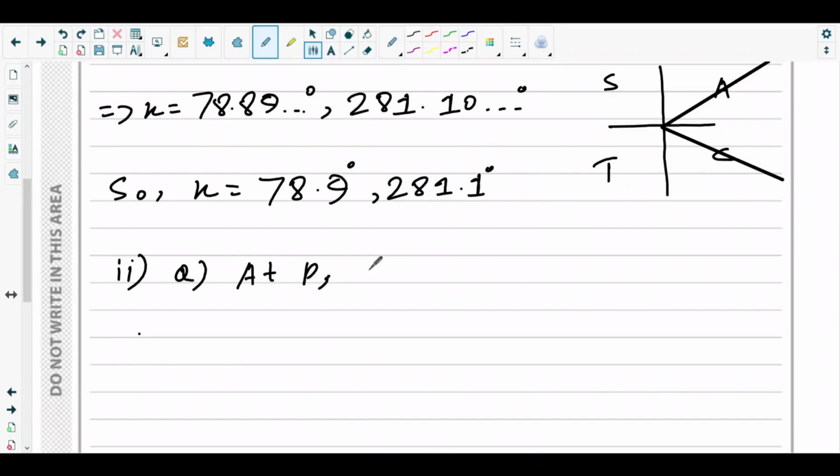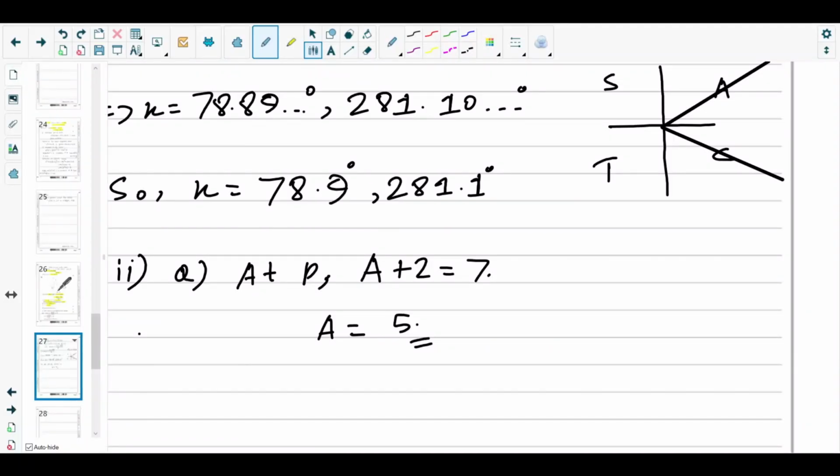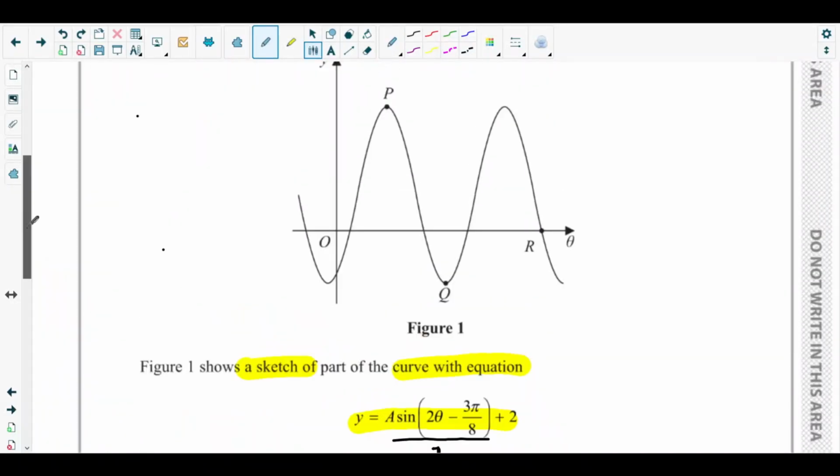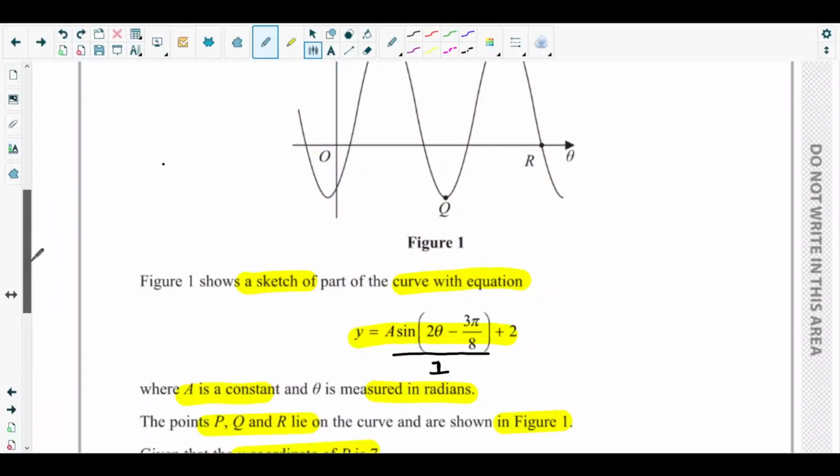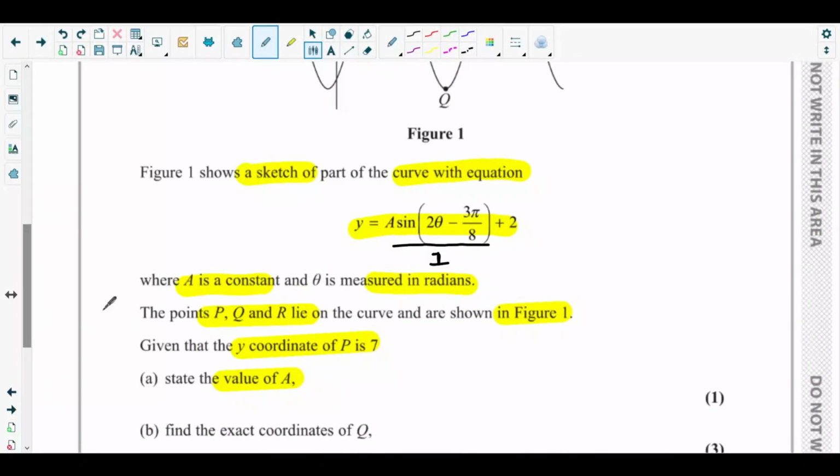So a plus 2 equals 7, right? Therefore the value for a would be 7 minus 2, which is just 5. That's the value for a, and that's what part 2a has asked for.